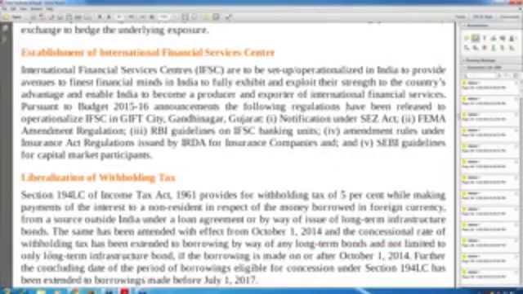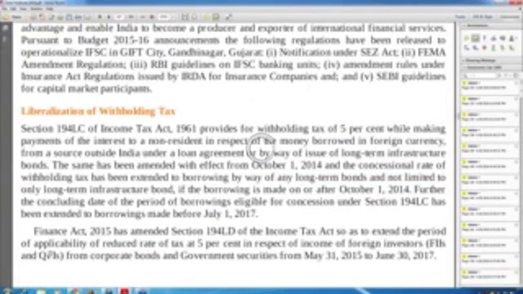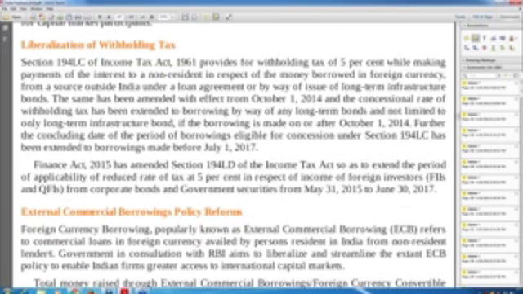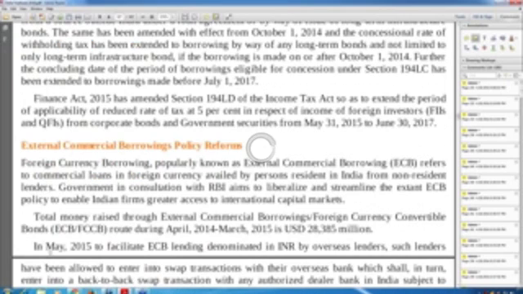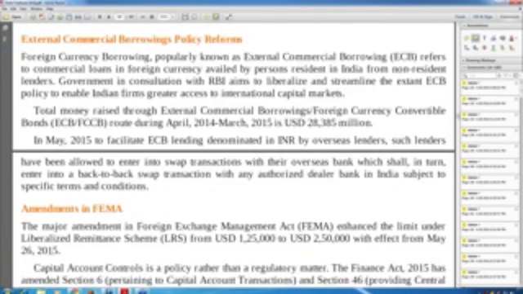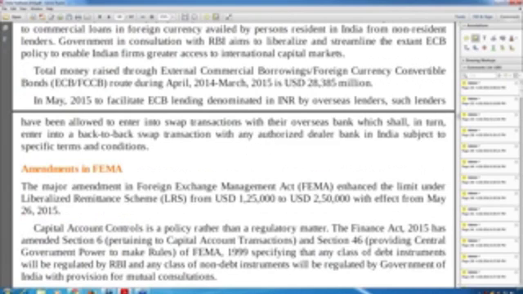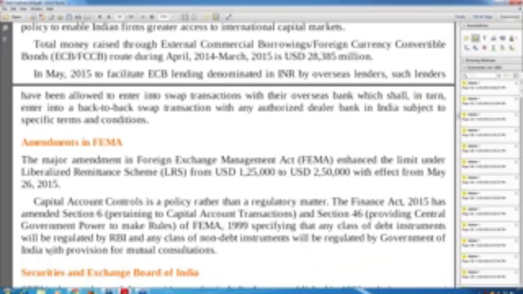If you need basics of economy, any information, you can call us.